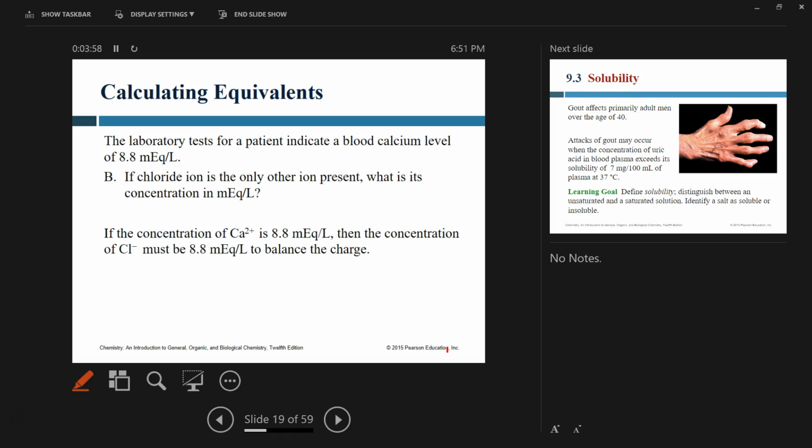Does that explain it? And finally, if you have 8.8 milliequivalents of calcium, how much chloride do you need to balance it out? You need 8.8 milliequivalents per liter of chloride, right? Because it has to be electrically neutral. Equivalents are often used in analytical chemistry and in medicinal chemistry.